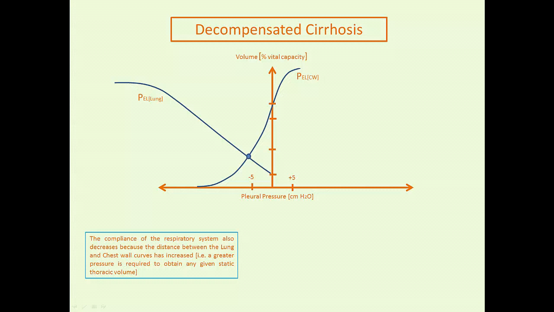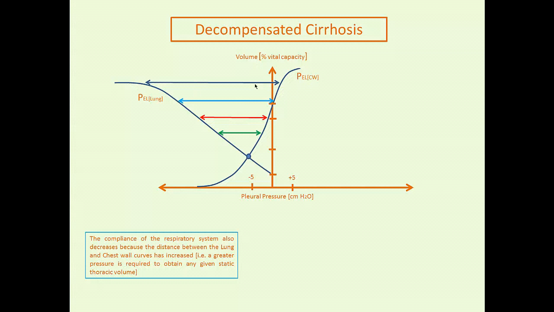But the compliance of the total respiratory system also decreases because of a large drop in the chest wall compliance. As I mentioned, this can be due to large abdominal ascites. So I'm getting a little bit ahead of myself.